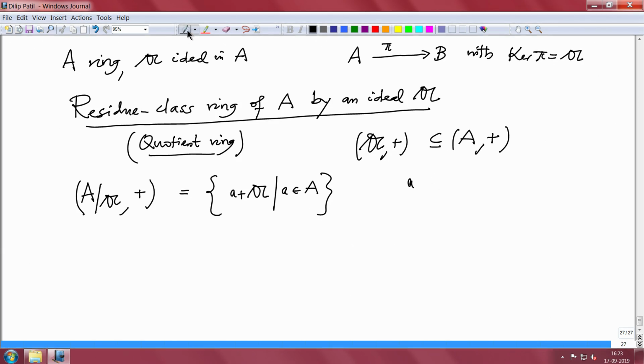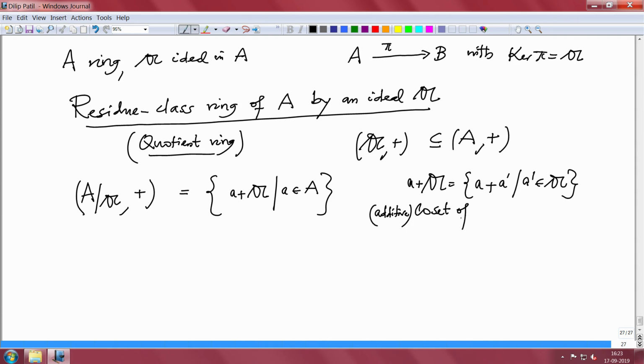By definition, this is the small a plus an arbitrary element a' of 𝔞, a' in 𝔞. This is an additive coset of the ideal 𝔞 by this element a.